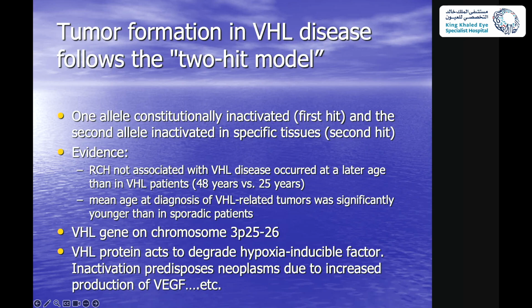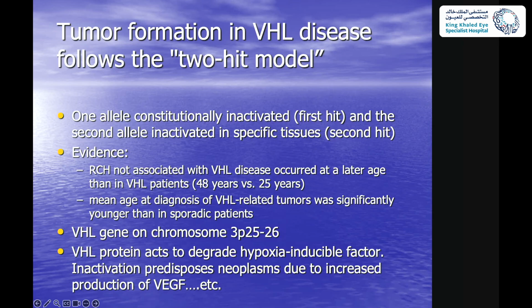And it is believed that the tumor formation in von Hippel-Lindau disease follows a two-hit model. So one allele is constitutionally inactive, so that's the first hit. And then the second allele becomes inactivated in specific tissues, depending on the organ that's involved, in the second hit.